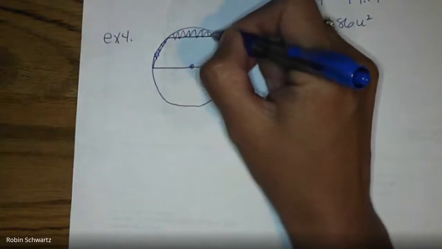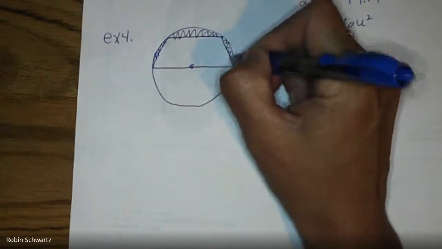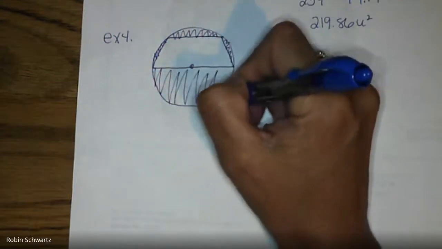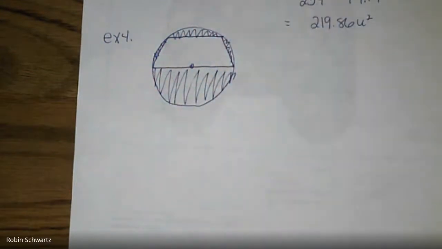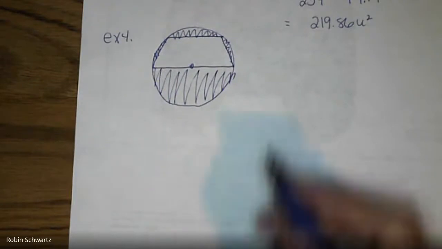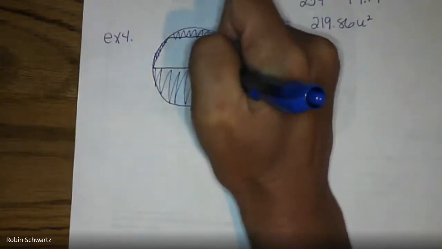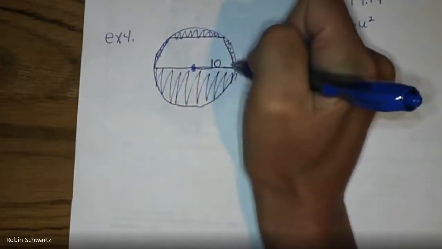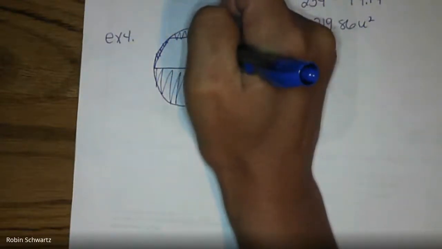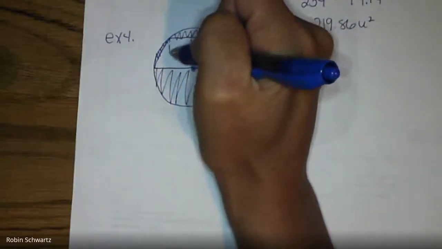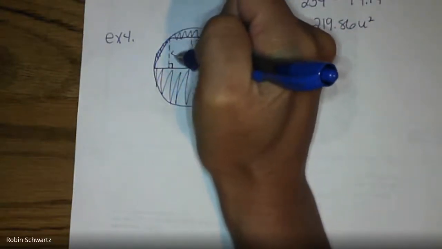All of these pieces added together, what will that total be? Okay, so here's what I have. I have a 10 here, which is the radius, from the center over. I've got a 12 across the top. I've got a top to bottom of 8.